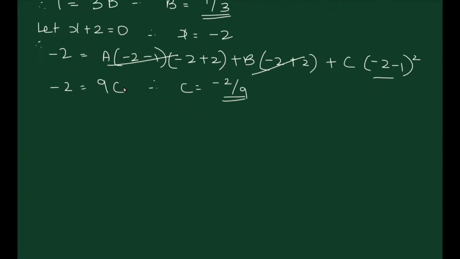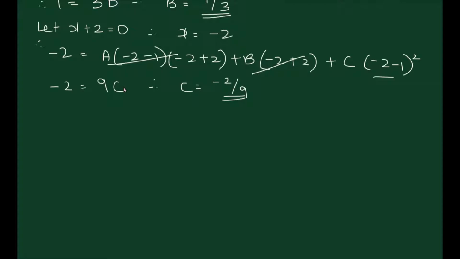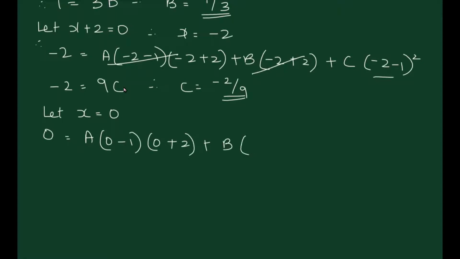We have yet to find the value for a. Now for a, what we do over here is, listen very carefully. The third bracket is not there over here. Only two brackets are there. So we let x be any other particular value except 1 and minus 2. So let's suppose x is equal to 0, and therefore in the equation wherever x is there we put 0. So we get 0 is equal to a into (0 minus 1)(0 plus 2) plus b into (0 plus 2) plus c into (0 minus 1) the whole square.